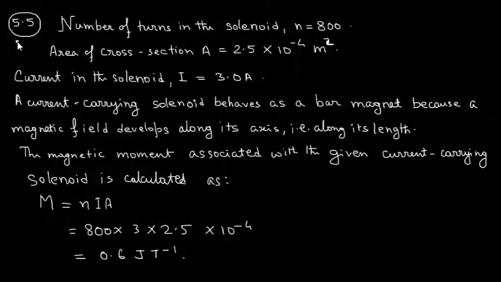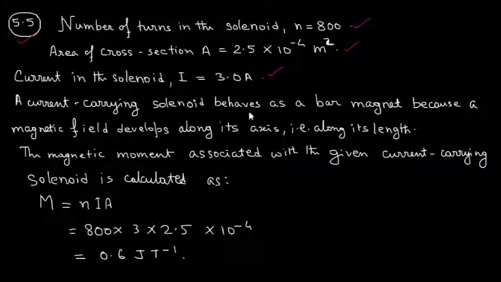The solution is: number of turns in the solenoid n is equal to 800. Area of cross section A is equal to 2.5 × 10^-4 m², which is given in the question. Current in the solenoid I is equal to 3 ampere, which is also given in the question.